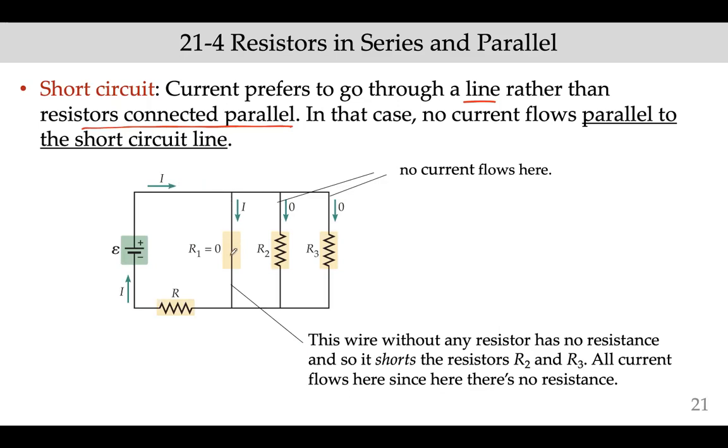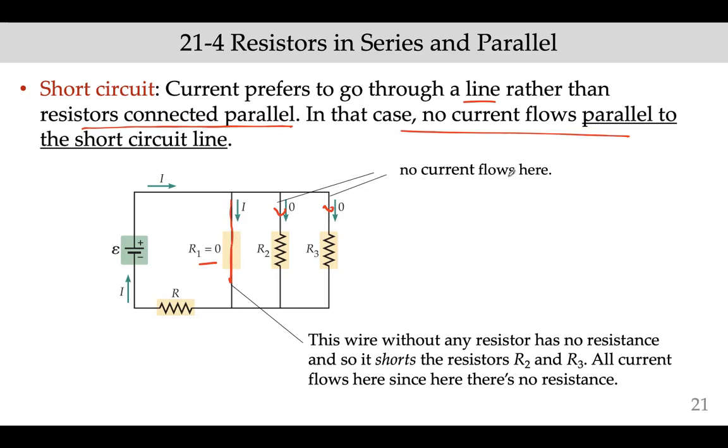There's a way for current to go through this wire where there's no resistance, and there's also another way, a second path, a third path. But if there's zero resistance, then the current would not prefer to go through a resistor. It would just go directly through the wire because there's no resistance here. So in that case, no current flows through the elements parallel to the short circuit line. This is the short circuit line.